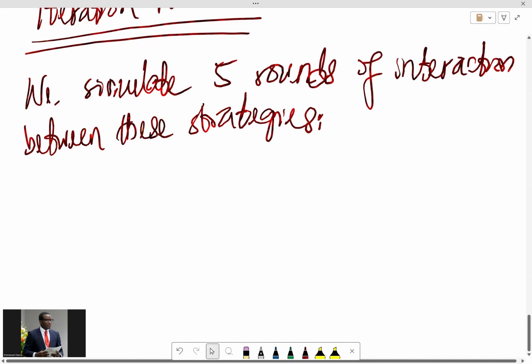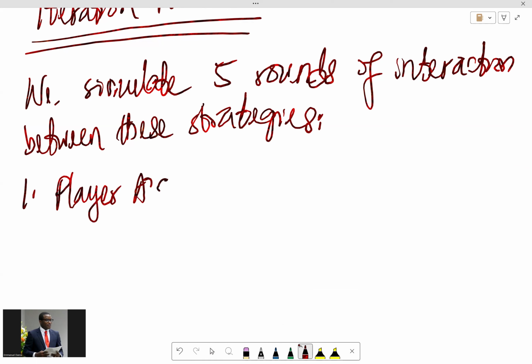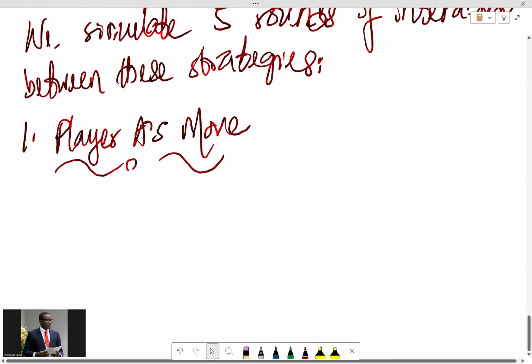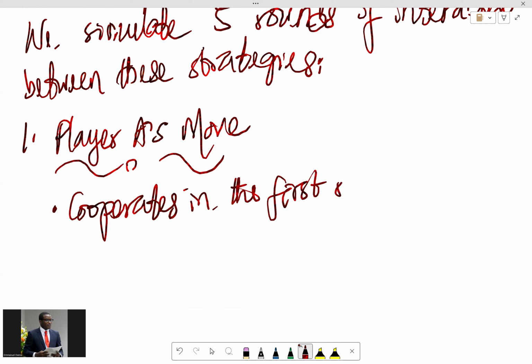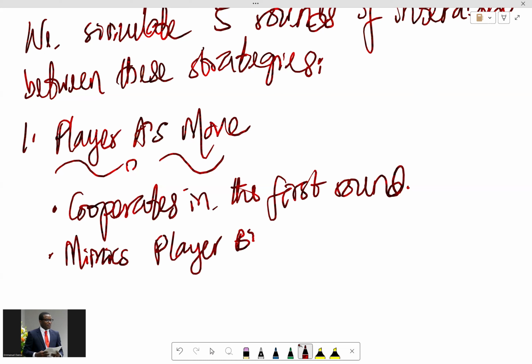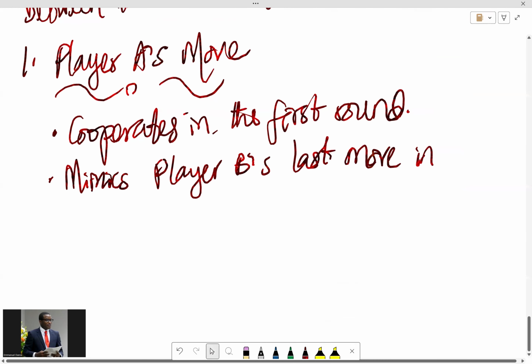First, we have player A's move. Player A cooperates in the first round. Then player A goes on to mimic player B's last move in subsequent rounds.